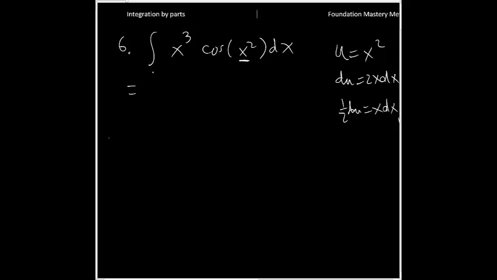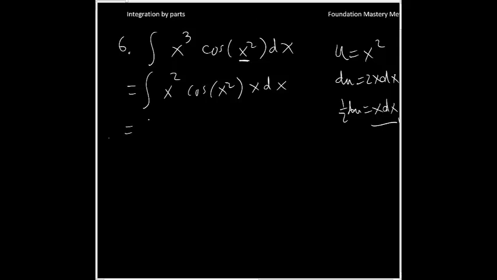Now we want to split our problem just to see that if I write x squared cosine x squared x dx, is that okay? Because you see I got x dx, so I need to isolate that one. So from x to the 3 I take 1 x, and now everything looks nice.